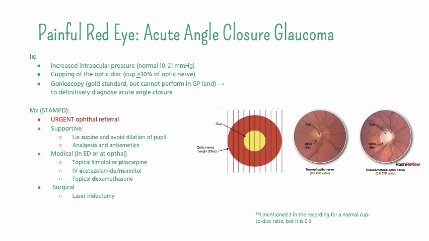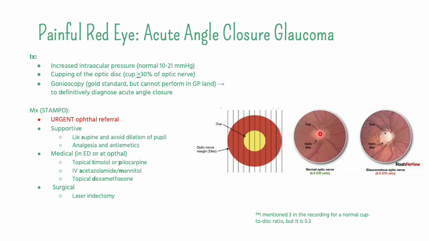If you were to do a fundoscopic examination of the eye, a patient with glaucoma should have a cup to disc ratio of 0.6 or greater, where a normal cup to disc ratio is 0.3. So what I mean by the cup to disc ratio is essentially, on your fundoscopic examination, you've got your optic disc here, which is this palish yellow or more pale circle, and you've got your cup.